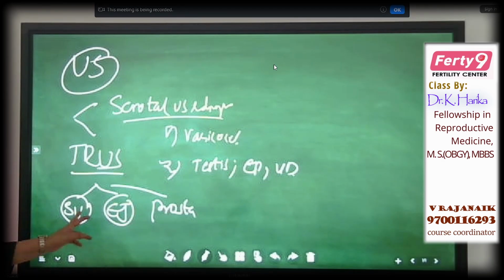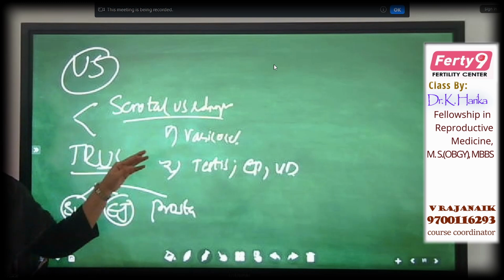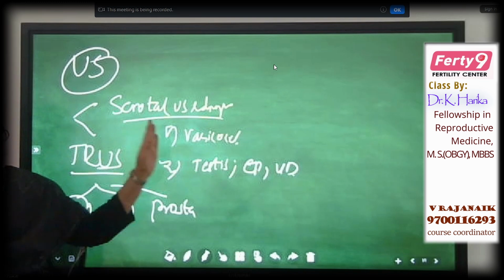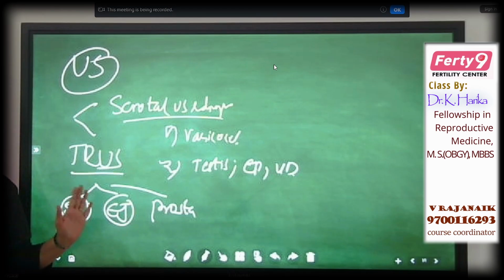The vas will be visualized in both transrectal and scrotal ultrasound: the front part in scrotal ultrasound, and the back part, its entry into the seminal vesicles, in TRUS. Congenital bilateral absence of vas deferens is usually associated with absent or underdeveloped seminal vesicles. So this is scrotal ultrasound and transrectal ultrasound.